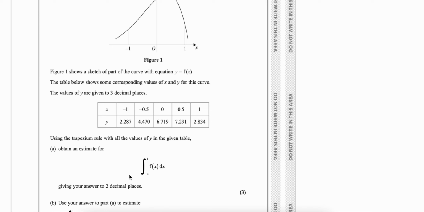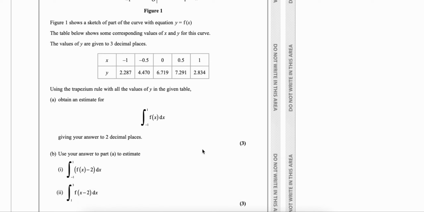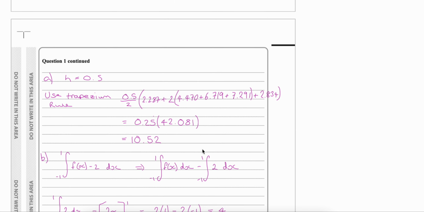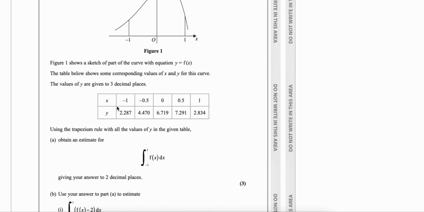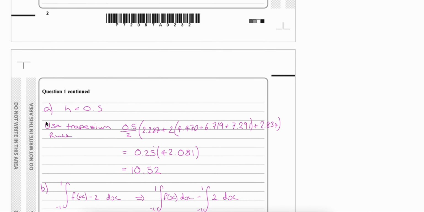We want to integrate between -1 and 1. So we set up our equation. Our distance between our x values, as you can see, goes up by 0.5. That's our h. So state that h is 0.5. And by the trapezium rule, you take h, divide by 2. You take the first value, the last value, and double the remaining values.